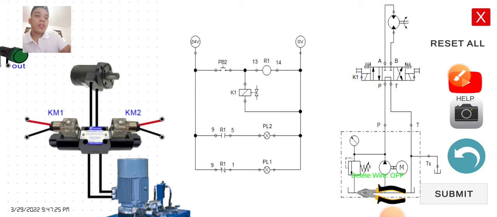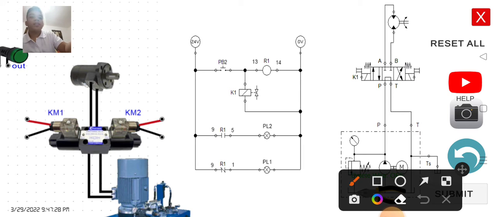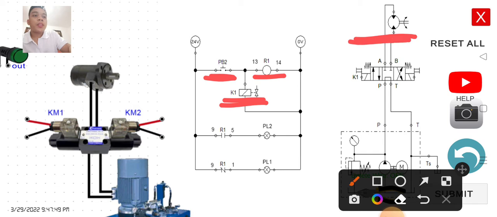However, if I release my finger from the PB2 push button, the R1 will de-energize, and the K1 here is deactivated. So the hydraulic motor will stop because the K1 is deactivated and the PB2 is released.